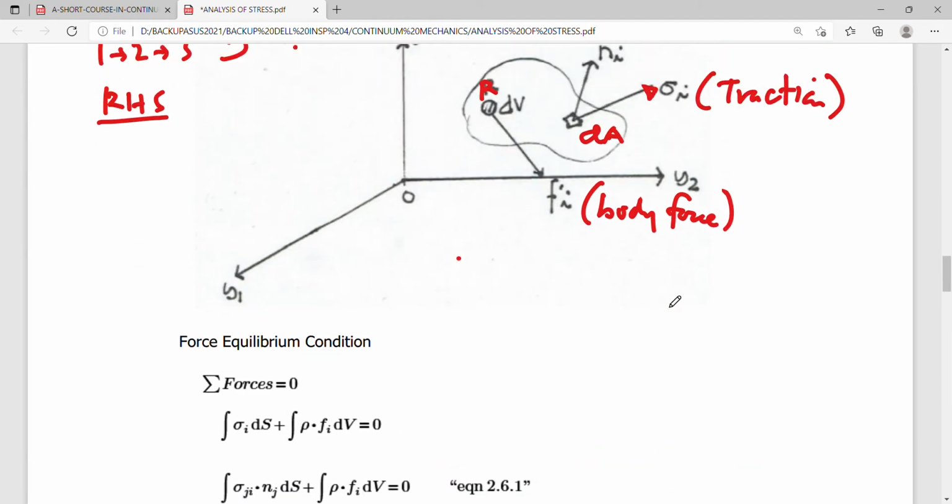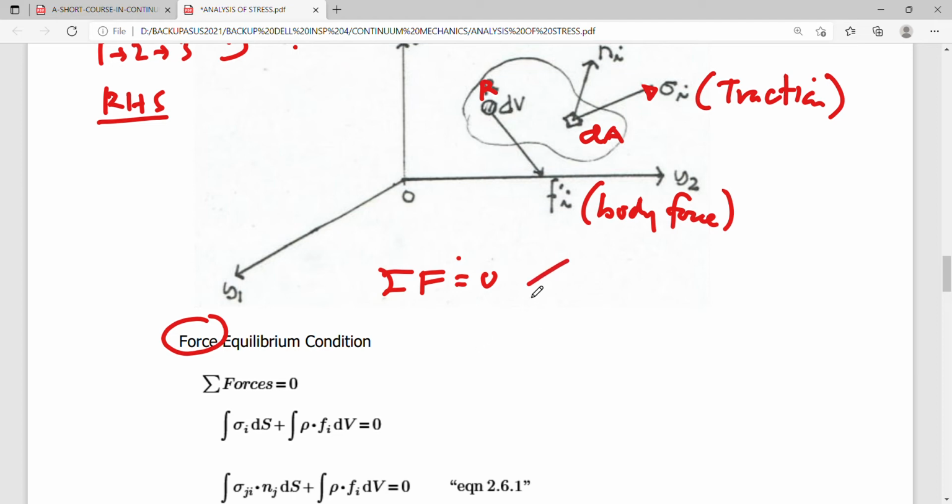If we consider the force equilibrium condition, we are now deriving the equilibrium equation in terms of a summation of forces equals 0. The summation of forces along y1, y2, and y3 are the forces involved here.